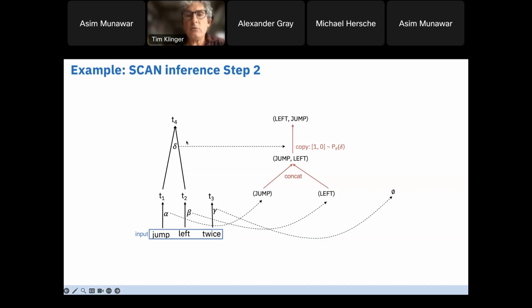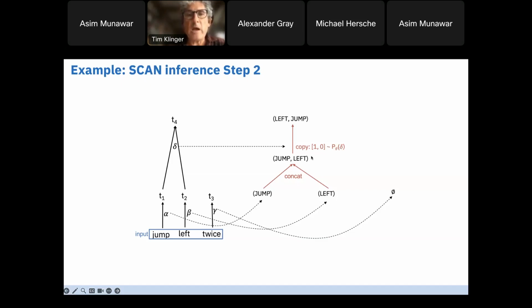And this distribution characterizes the order in which we want to copy the elements from our sequence, jump and left, to the output. So in this case, copying one is left, and then zero is jump, results in the output left jump, which is the reverse of jump left.